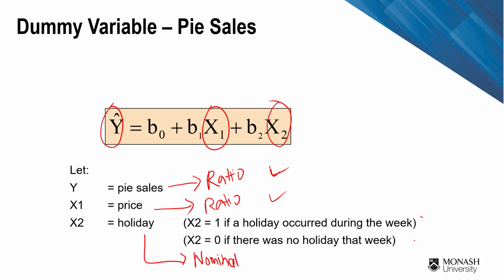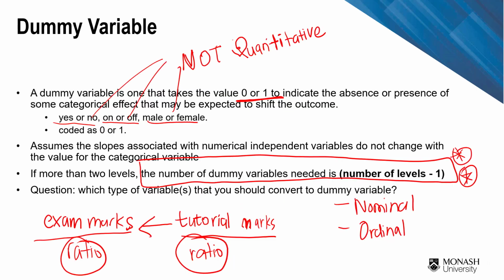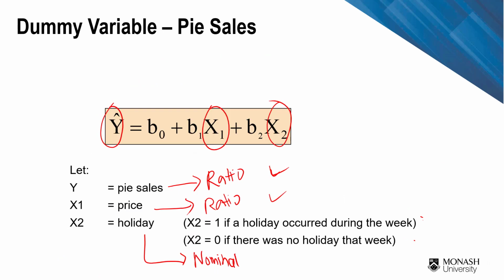I repeat, there are only 2 levels, so indirectly we only need 1 dummy variable.